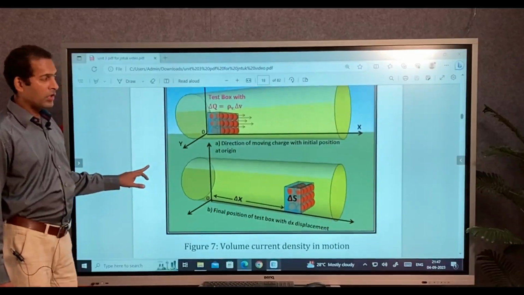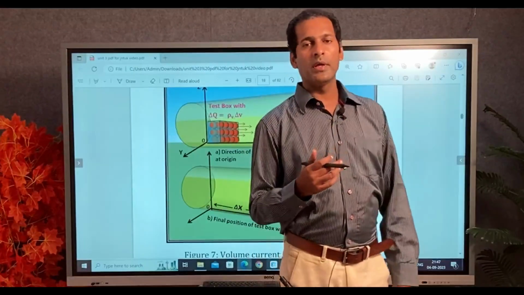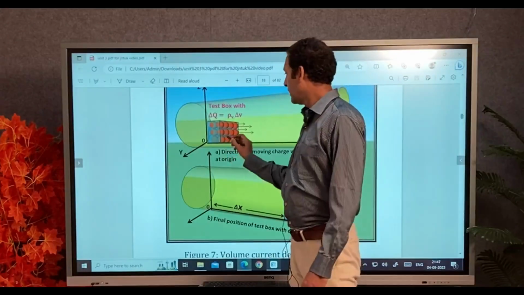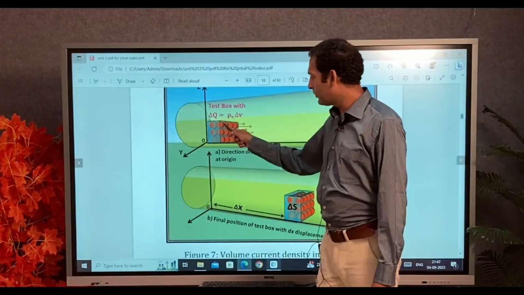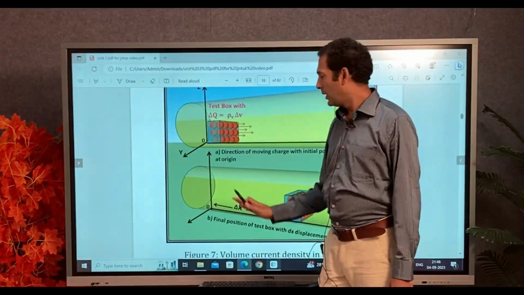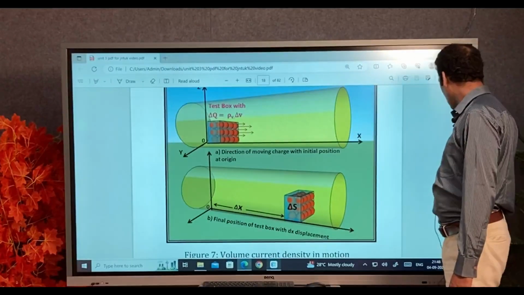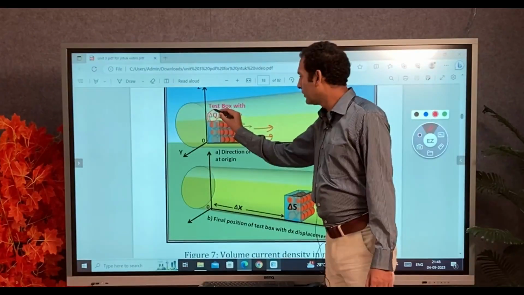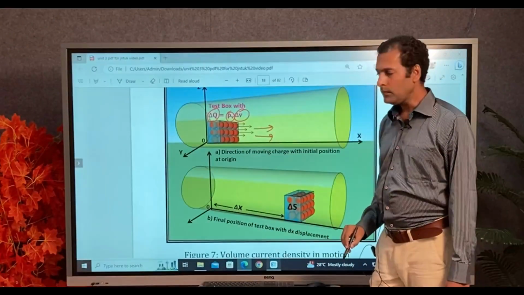Now consider this volume inside a conductor. What is happening? Current density is flowing, or volume charge density is moving, meaning they are going from one place to another place. So this is our test block. We have seen earlier there are a number of charges present inside it. We will consider they start at some origin, a starting point, and they will flow. Current means nothing but flow of charges. So there is a group of charges, and they will flow. This is dq, present as rho v dv, right?